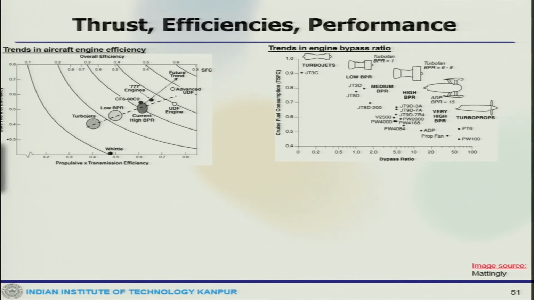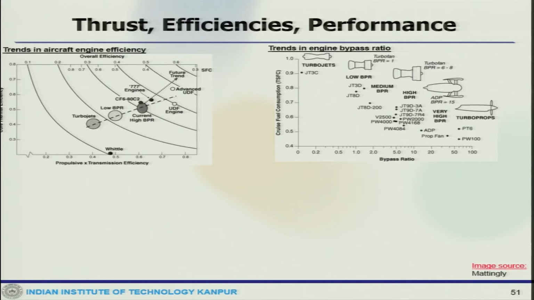This is the core thermal efficiency versus propulsion into transmission efficiency, and you see the old Whittle engine where they belong, and this side is the overall efficiency, and this also SFC. So, this is where our turbojet, then low bypass ratio turbofan, then current bypass ratio turbofans are. Then we have future trend, how things are going to be advanced in this direction.